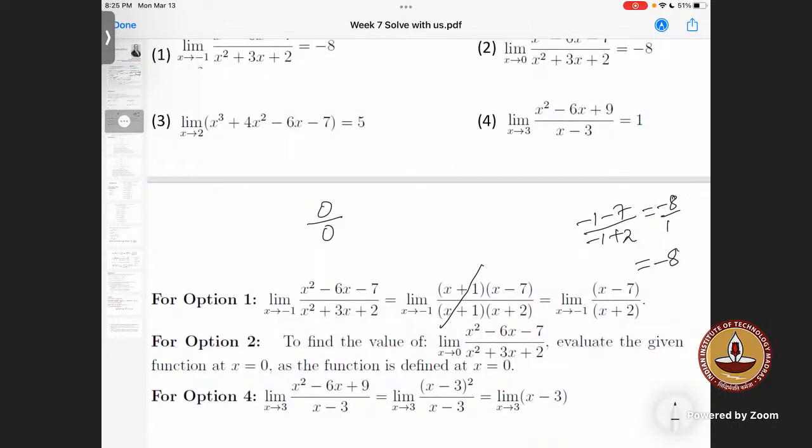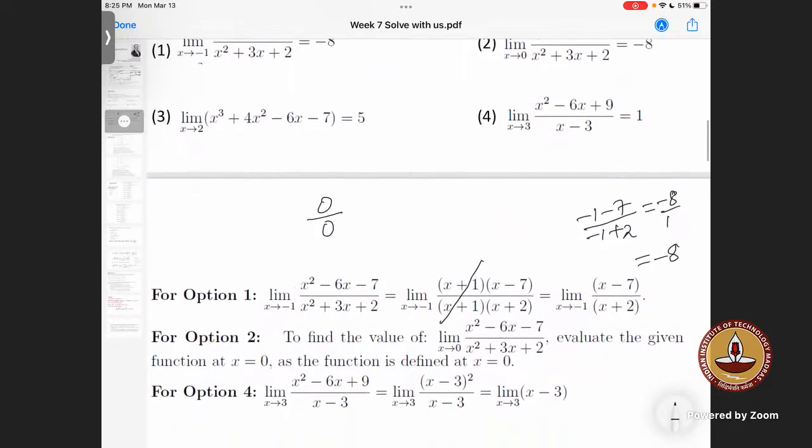And what about option 2? For option 2, if you put x equal to 0, is there any problem? Are you getting any 0 by 0 form? No, sir. So the second limit will have the limit as minus 7 by 2.